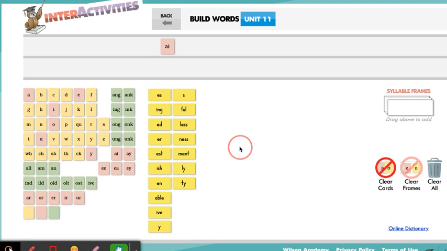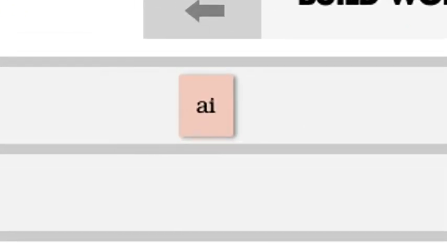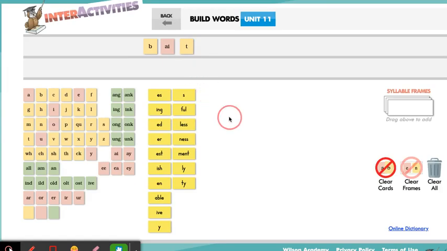Where would you find AI? In the beginning of a word, in the middle of a word, or at the end of a word? You would most likely find this in the middle of a word, like in bait. B-A-T, bait.